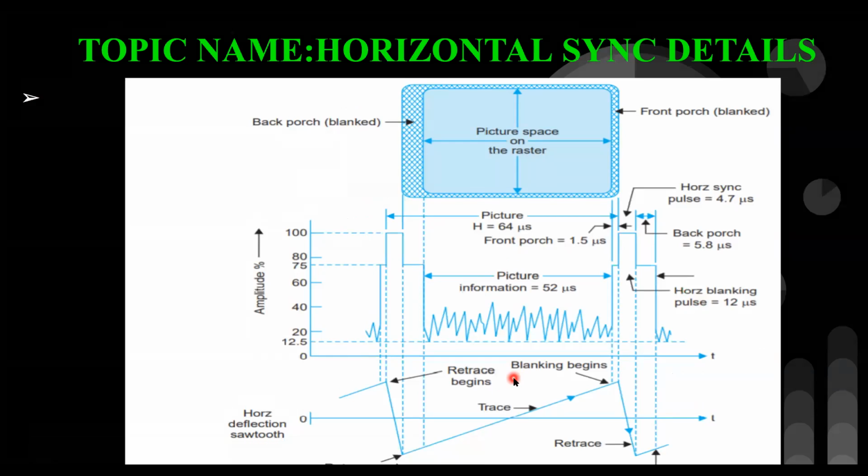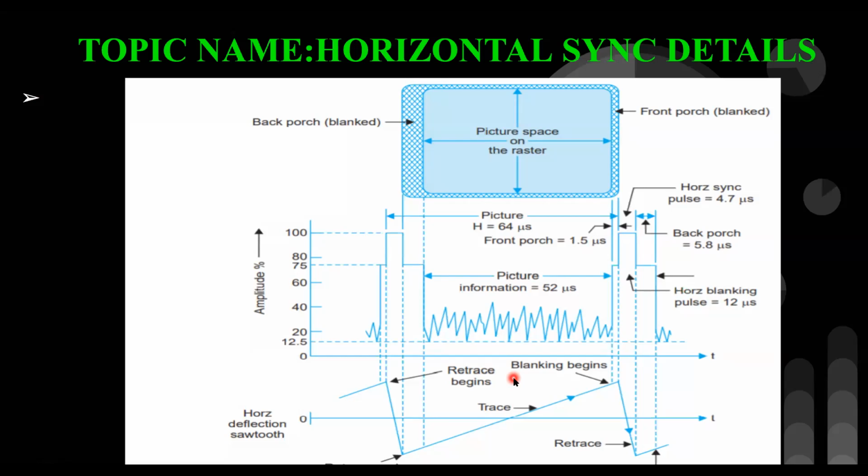So by the front porch, 1.5 microseconds is inserted between the end of picture details for that line and the leading edge of the line synchronization pulses. This interval allows the receiver video circuit to settle down from whatever picture voltage level exists at the end of the picture line to the blanking level before the synchronization pulse occurs.